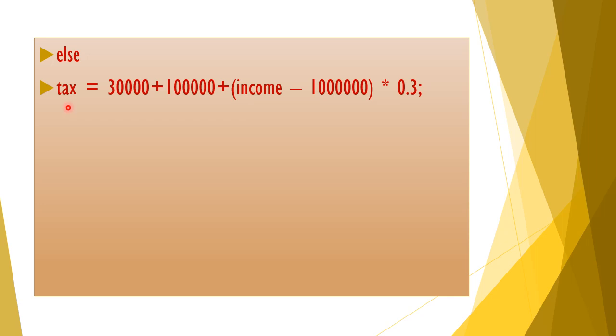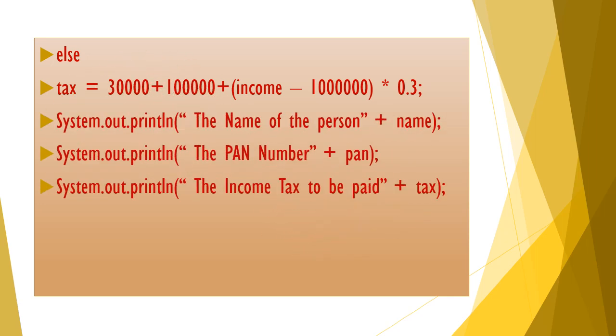Now we have to display the details: the name of the person, name, the PAN number, PAN, and the income tax to be paid by the person, that is tax. So the outputs are displayed here now.